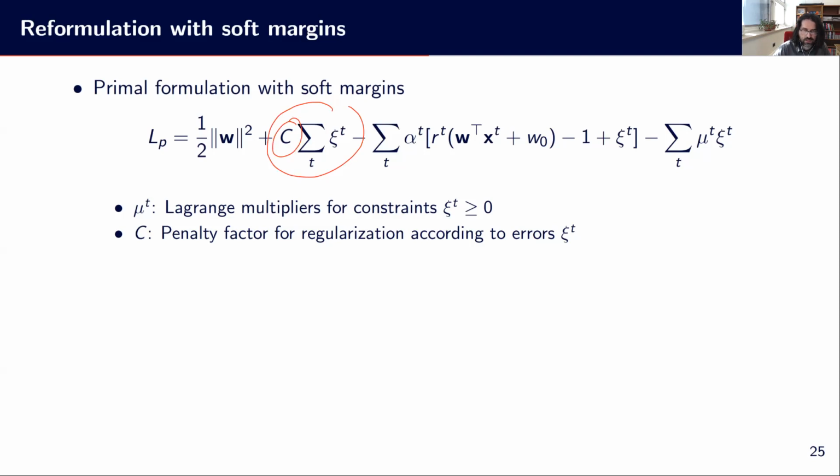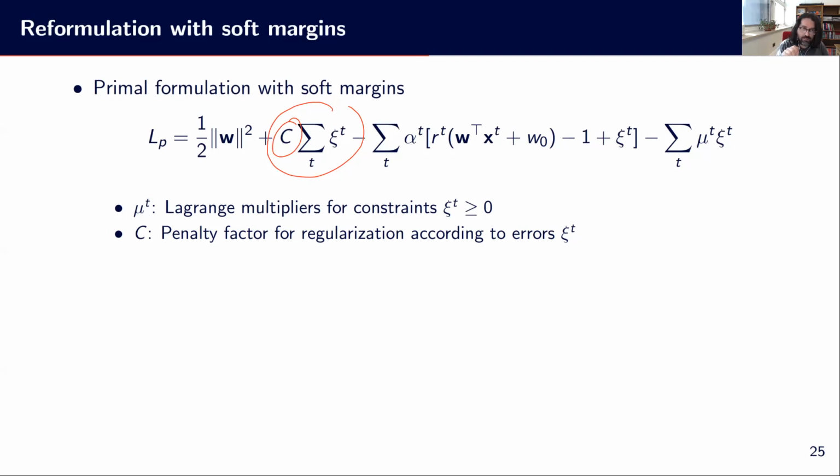This factor is a way to regularize. So this is weighting between having things correctly classified versus having a penalty that corresponds to the amount of data that have a non-zero ξ. So the number of instances, and by how much they are in the margin. So the sum of the ξt.